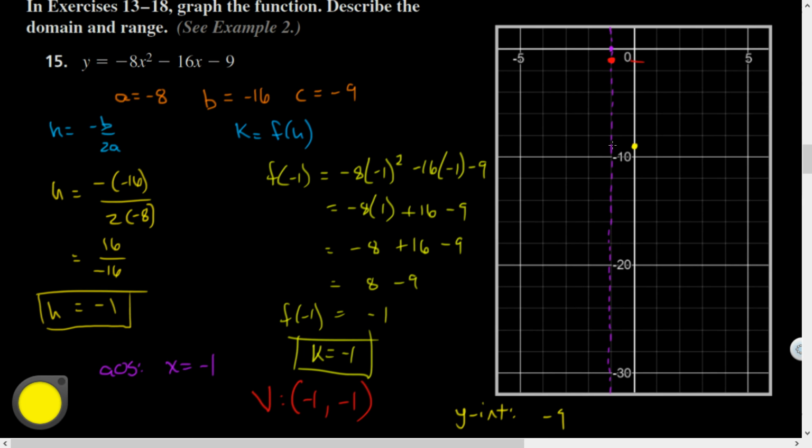And then I can mirror that over here and get another point. Now, if I wanted more points, this video is getting a little bit long, but I could plug in, say, +1 and figure out where that's going to land, right? And then even mirror that over there. But for sake of time, I'm just going to draw my best parabola based off of roughly 3 points.